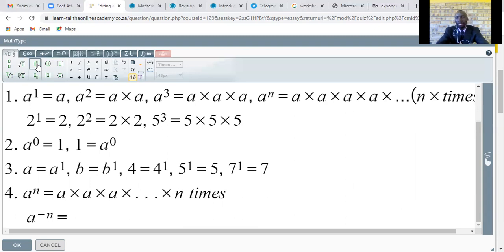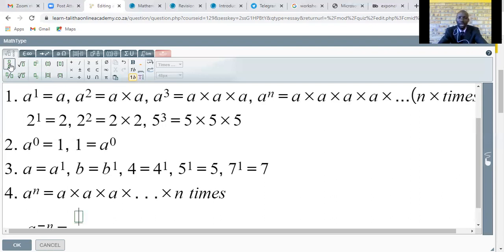Because a lot of times it will be very important for us to find a way of simplifying, of writing exponents with positive values instead of having exponents with negative values. One way of dealing with that is to get the reciprocal of the whole quantity.